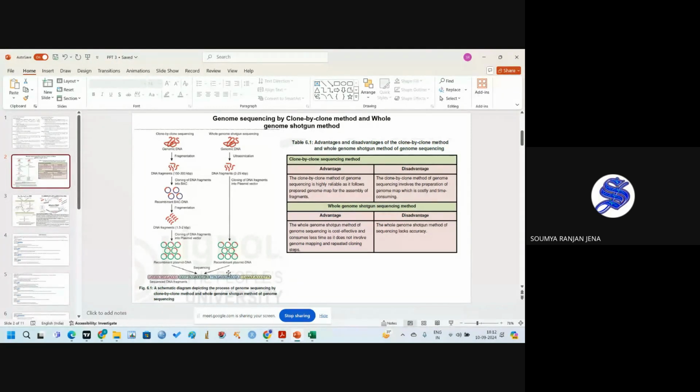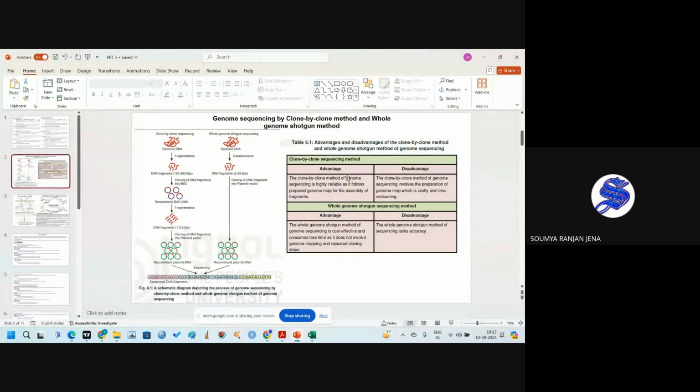Then we find the third sequence. After the third sequence, here is CCA, and here the start is CCA. If you overlap these two, then we find the next sequence. This is by overlapping with one another to find the DNA sequence by this clone by clone method or whole genome shotgun method.